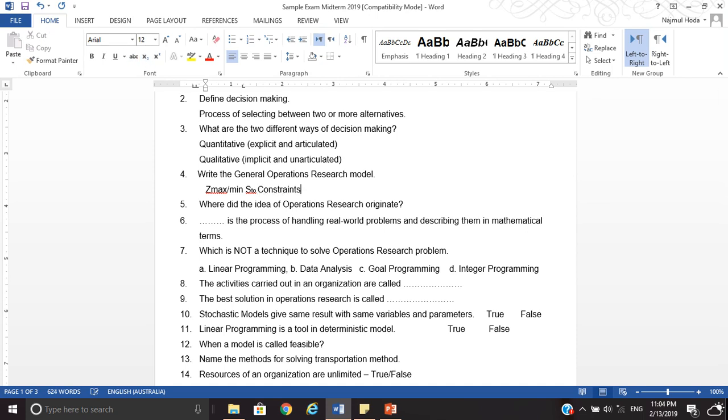This is the general OR model, and when we go to a particular problem, this model may take different forms. In the case of profit that we solved in the third chapter, the Z became max. In the transportation problem, Z became min. So either of the two, either max or min, the objective function will be, and there will be constraints within which we have to find the objective function.